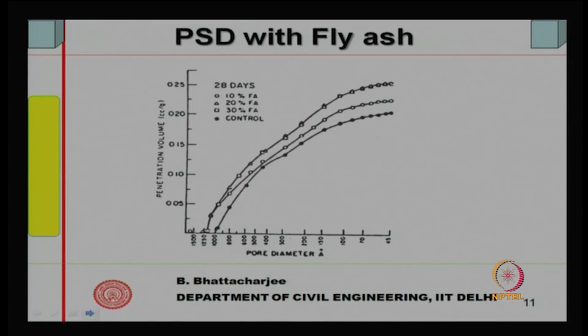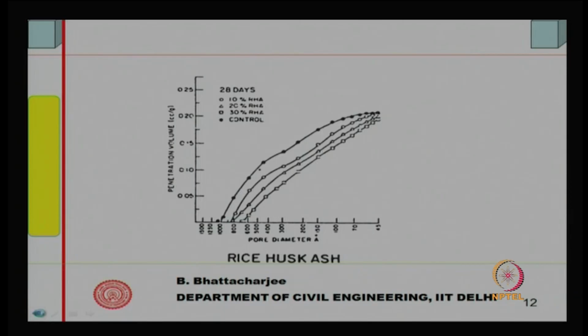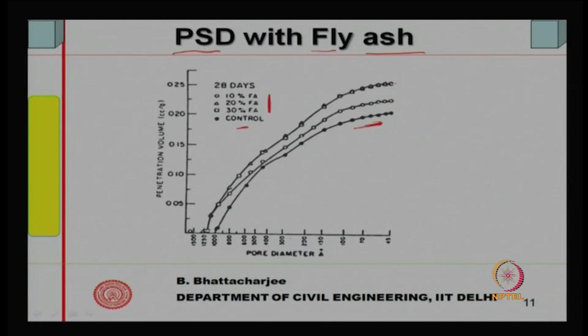And if you look at the pore size distribution, PSD, with fly ash, this is what has been tested by people. You see 28 days with different percentages of fly ash. Control is the circular one, it is here. There are 3% shown, and in fact this particular one is 10% PFA.